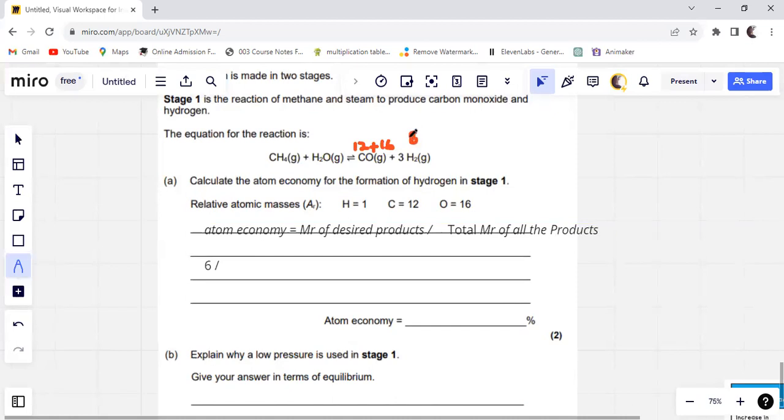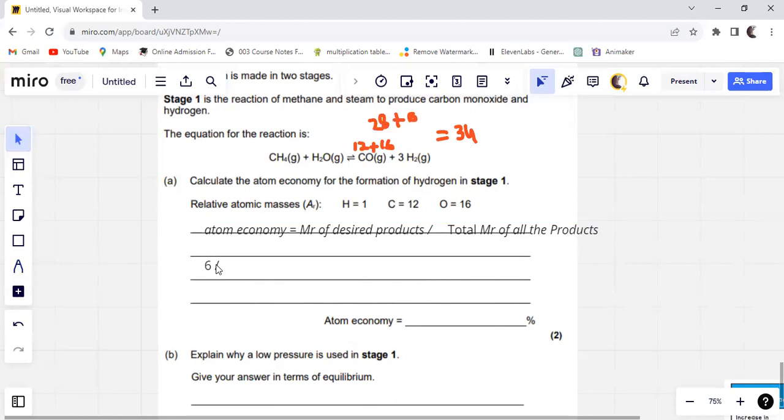So we will add them all up. 12 plus 16 equals 28. 28 plus 6 equals 34.